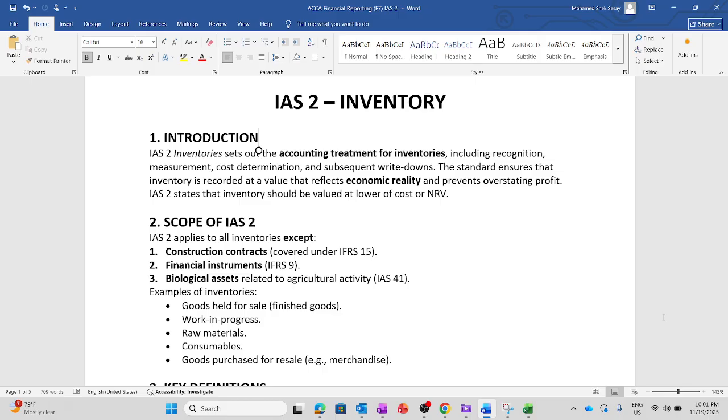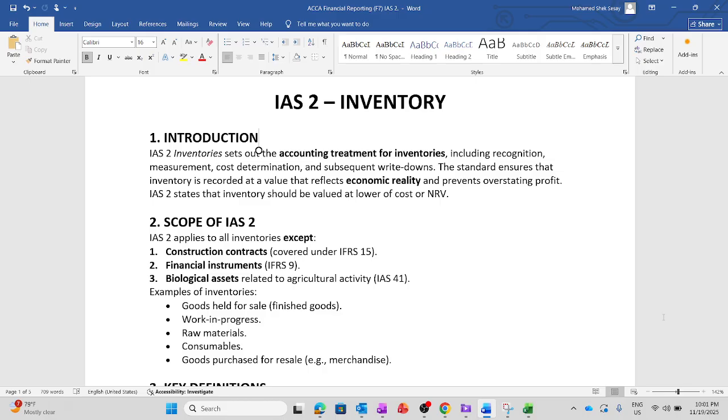So we use IFRS 9 to account for the loans, the advances, the investment securities and the financial assets, but we can't use IAS 2 for them. Banks provide financial services, not physical goods.